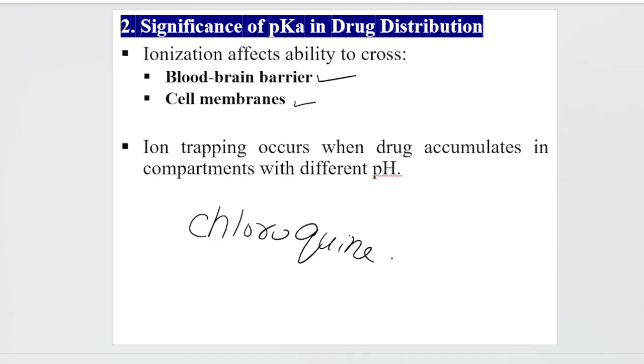So chloroquine becomes ionized in the RBCs, becomes trapped there, and produces its effects. This ion trapping is also very helpful in cancer treatment, and chloroquine is another example used as an anti-malarial drug.